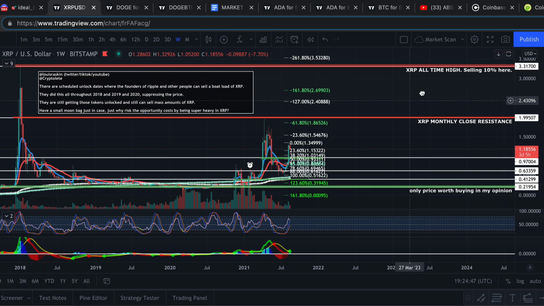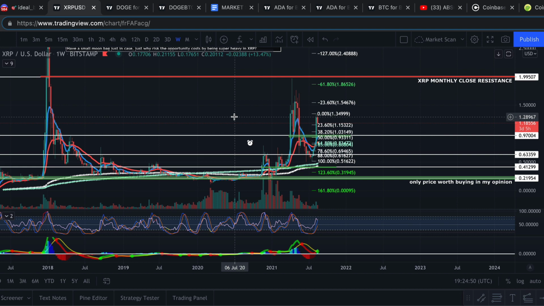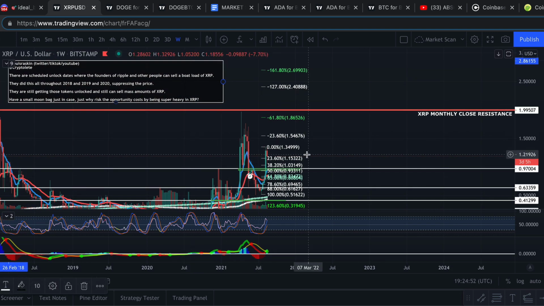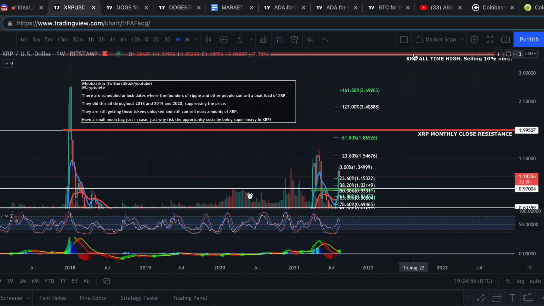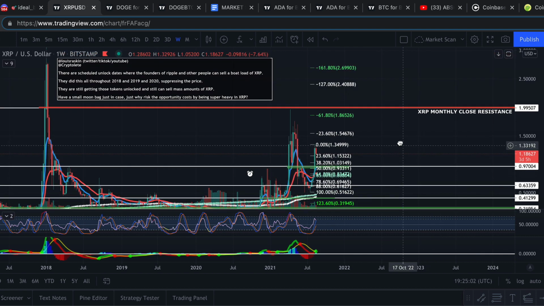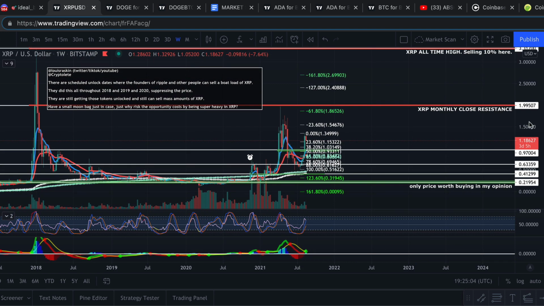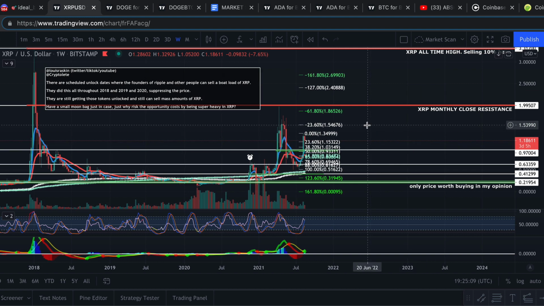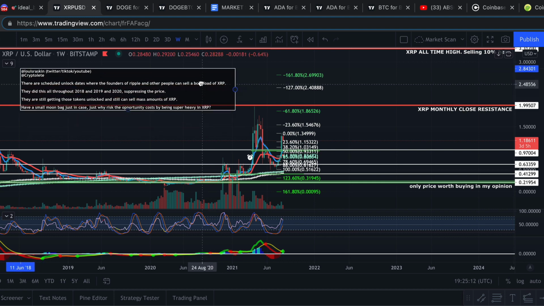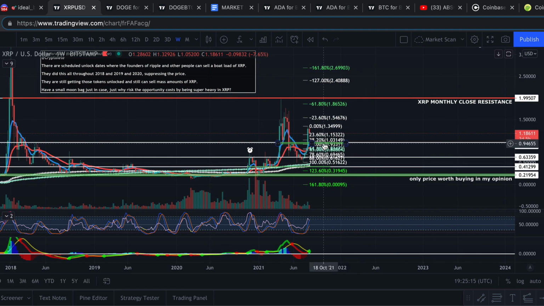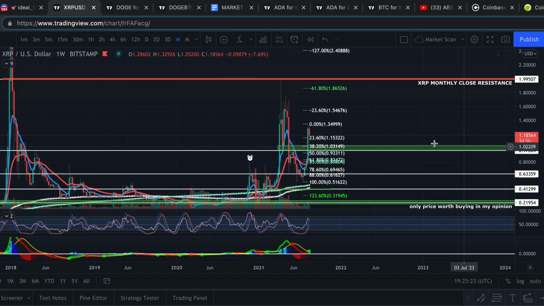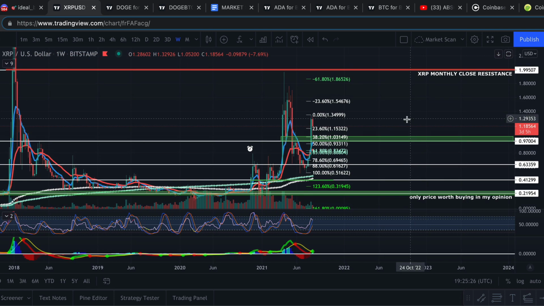Every other coin has surpassed their all-time highs, and yet XRP is still down literally 63% from the all-time highs, while Cardano, Quant, Ethereum, Doge, almost every single cryptocurrency out there is still well above it. So, not the biggest fan of XRP. Like I said before, this is the only price worth buying in my opinion, if it gets down to like 20 cents.